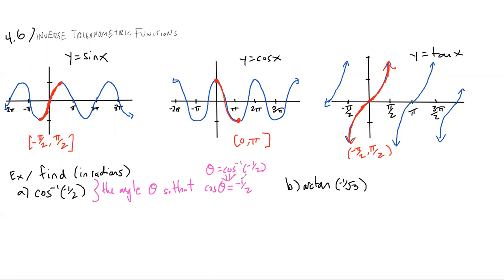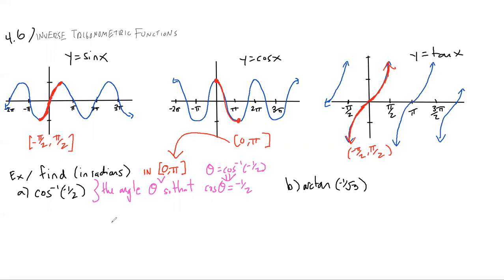And when I say the angle theta, we have to refer to that restricted domain, and that's really important because the inverse function doesn't know exactly which theta you're looking for. All it's going to give you is the angle theta in 0 to pi, right? That specific restricted domain for cosine, the angle in 0 to pi that has this cosine ratio.